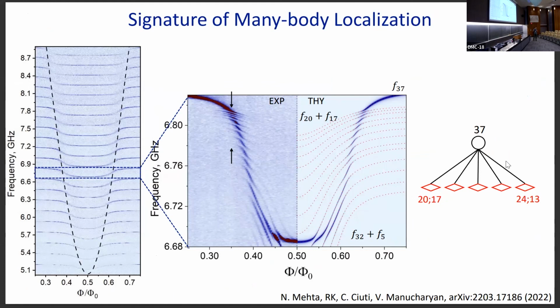Basically, it's kind of simple because you know the frequencies of all your modes. You can measure them, and then you use those frequencies to construct two photon states, for example, just by summing all of them. Then you put them on your spectroscopy, and you see that where there are these two photon states, you see an anti-crossing. By finding these numbers, it's pretty simple. You just sum the frequencies.